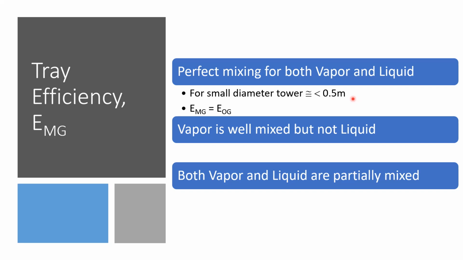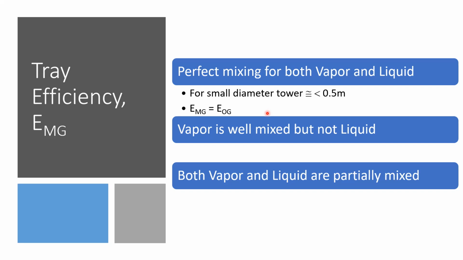Then both streams will be well mixed, and therefore the local efficiency will be the same everywhere on top of that tray. And therefore, the average tray efficiency will be equal to the local efficiency.